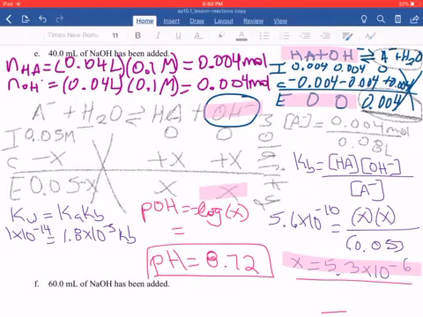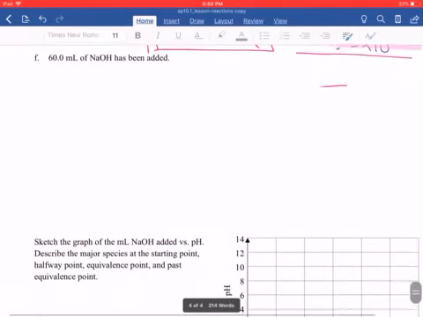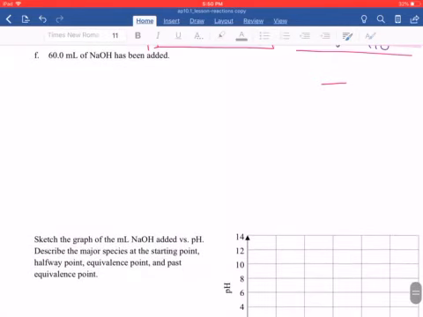Alrighty. And our last one before we have to graph it is going to be this one right here. So we add 60 milliliters at this point. And with 60 milliliters added, we're just going to do a simple ice table and then the Ka. So let's go ahead and do this.